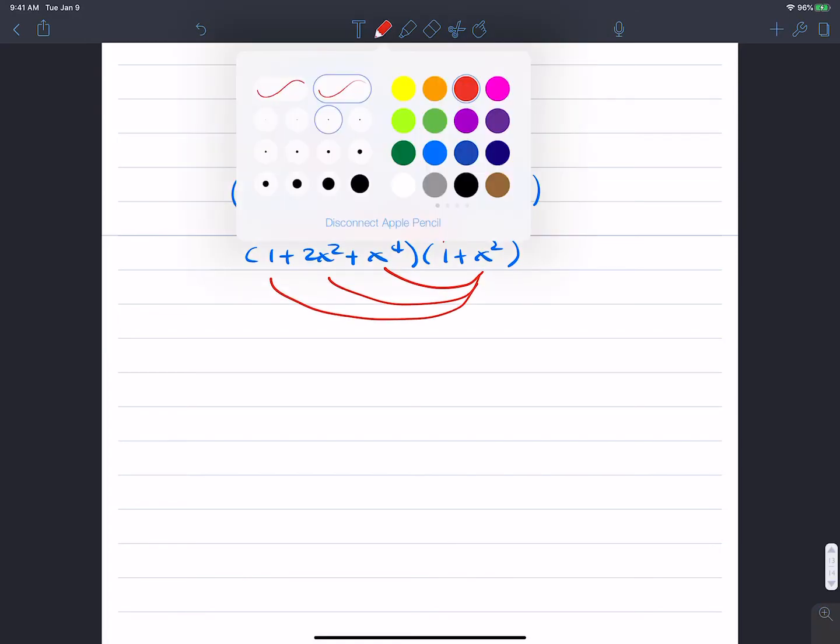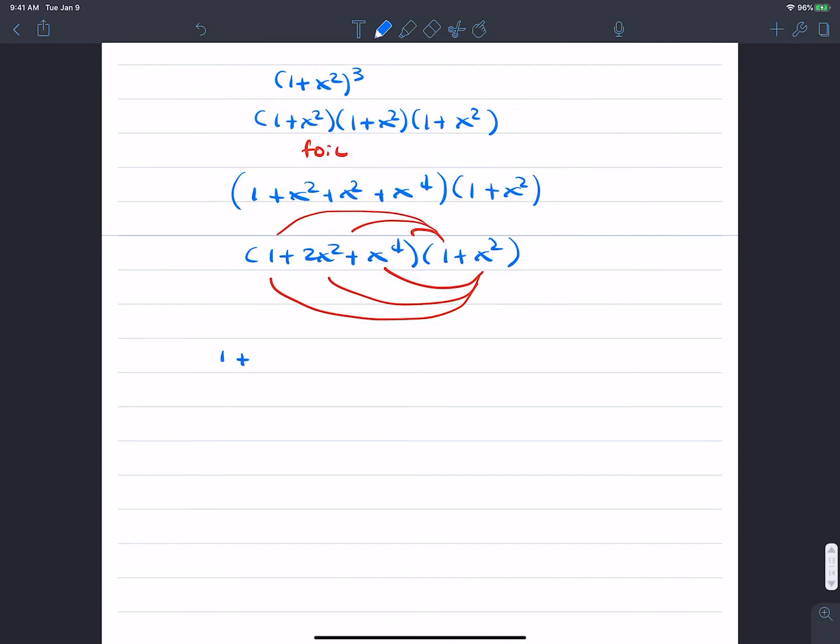So we're going to multiply again. So let's do that. We get 1 plus 2x squared plus x to the 4th when we multiply 1 with every term. And notice what I'm going to do. When I multiply x squared to every term on the left, I'm going to put it under the appropriate place here. x squared plus 2x to the 4th plus x to the 6th power. So I'll get 1 plus 3x squared plus 3x to the 4th plus x to the 6th power.